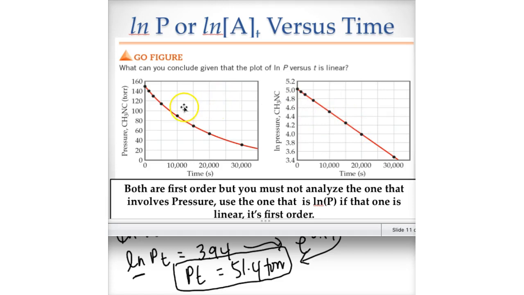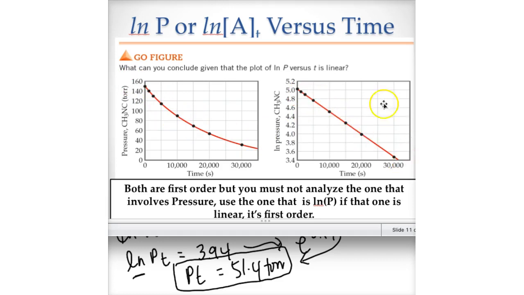However, at first you might not find it in this format. It might not be natural log of P, it might just be pressure. But what you have to do, if they ever give you a pressure and they tell you to find the order, or prove that this is first order, then you take this individual value, this individual value, and this individual value, natural log it all, and create a second graph.